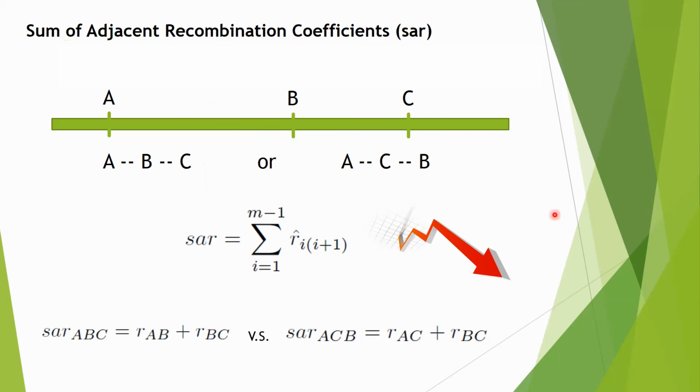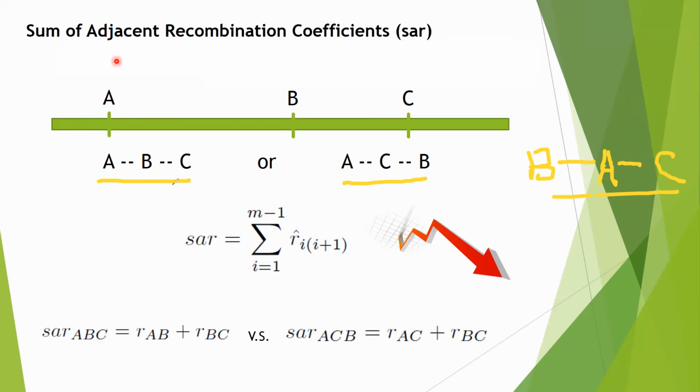Since we do not know the real order, we need to calculate the SAR for this order, the SAR for this order, and the SAR for this order. There's another possible order, where A is sitting in the middle.